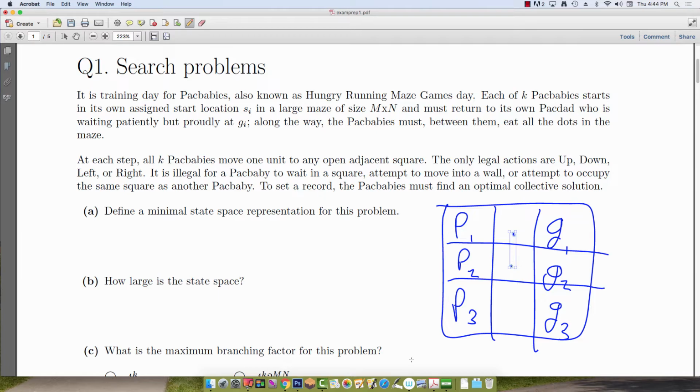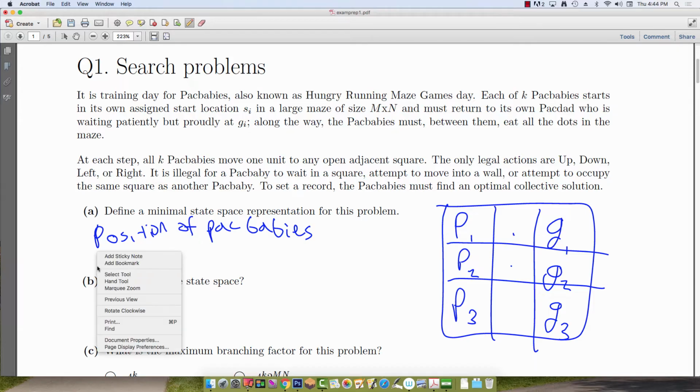So let's go ahead and try to define a minimal state space representation for this problem so that we have enough information but not too much encoded in our state so that we can solve this problem. Some of the things we might need: we definitely need the position of the Pac-babies. And we also need the position of the foods.